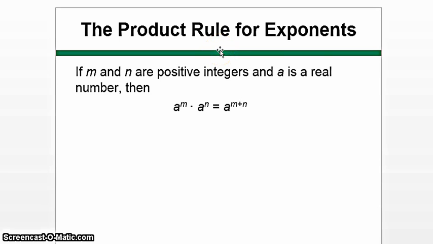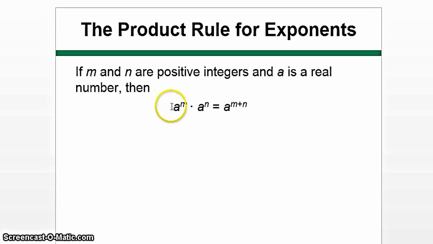The product rule for exponents: if m and n are positive integers and a is a real number, then a to the power m times a to the power n equals a to the power m plus n.